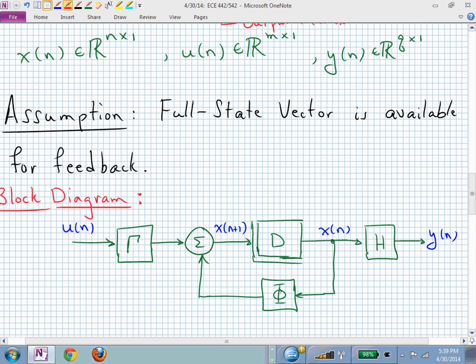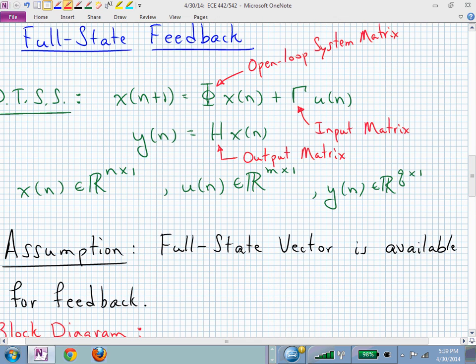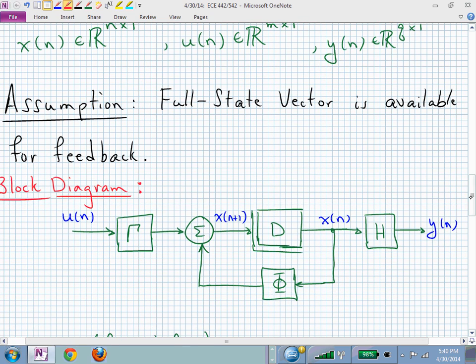If you look at the output of this summing junction and what makes that quantity, you can see that x of n plus 1, again a vector, is phi x of n plus gamma u of n. And that was just our equation for the dynamics of our system. X of n plus 1 is phi x of n plus gamma u of n. We're now just writing that equation in a block diagram form.